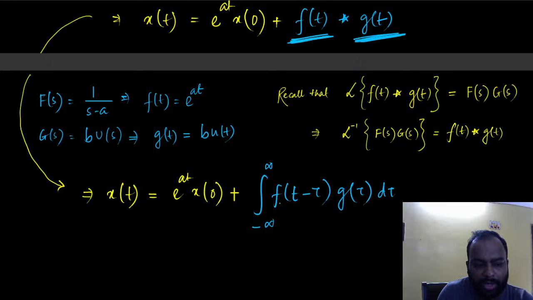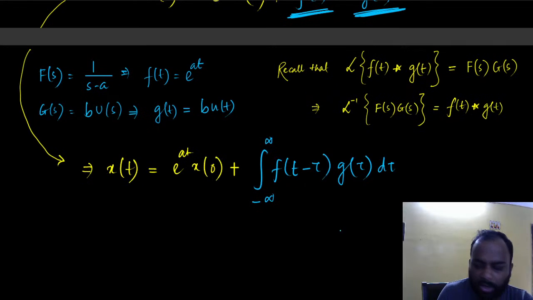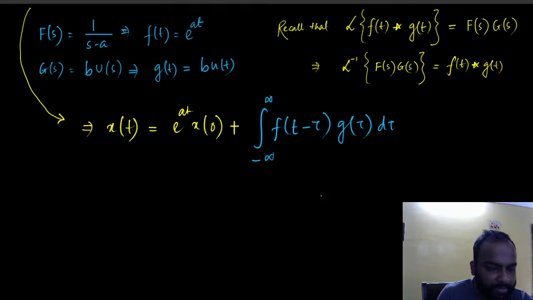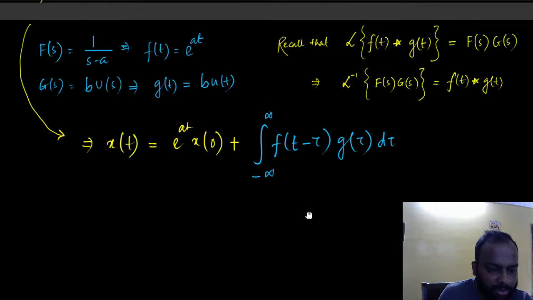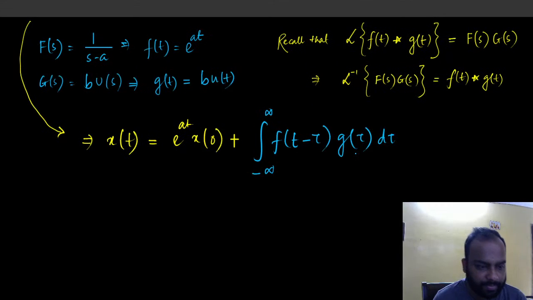It could be the other way around: f(tau) g(t minus tau) d tau, because the order in which you are doing the convolution doesn't matter. The convolution operation is commutative in nature.